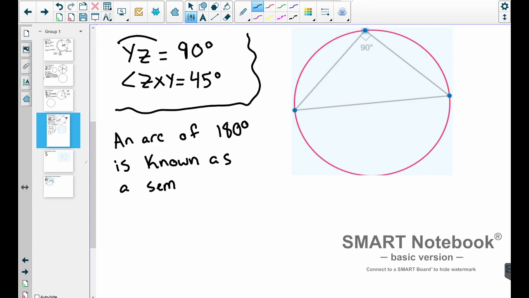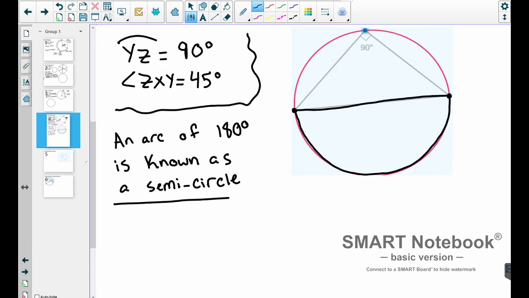And I think I mentioned this some before. But I wanted to make sure that it was mentioned again, because this vocabulary will be thrown around. So an arc of 180 degrees will be known as a semicircle. And here we have an example of an arc of 180 degrees. From this point to that point, all the way around this way, is 180 degrees. And what's that create?